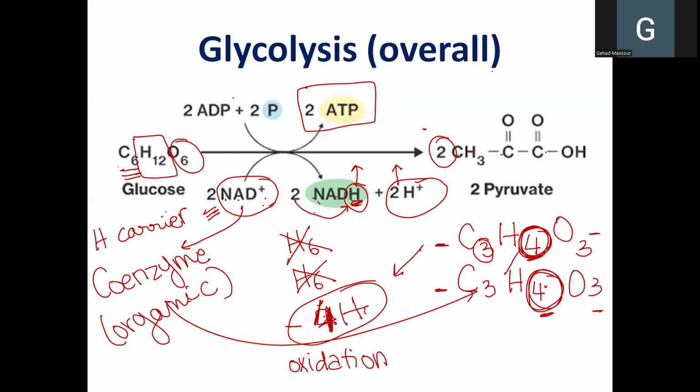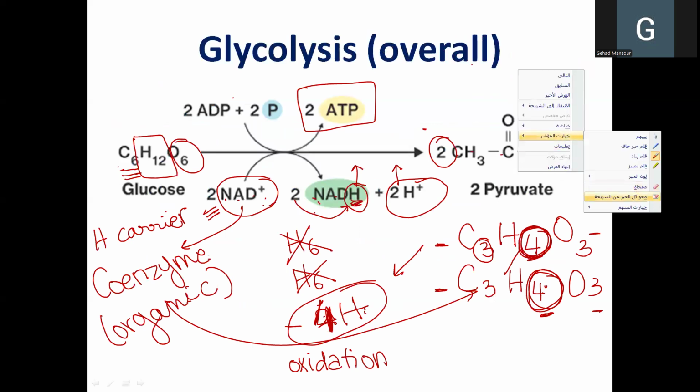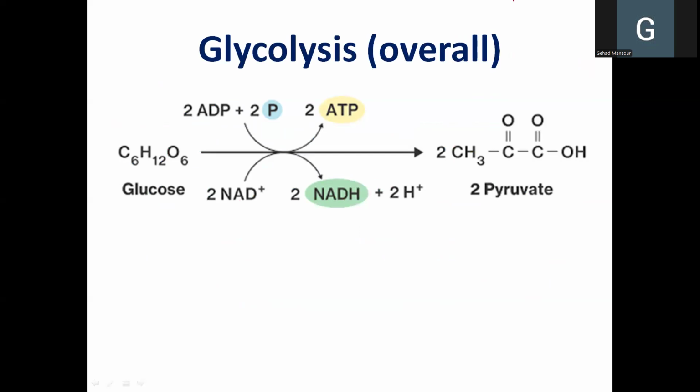Why? Because what we have on this slide is the overall result of glycolysis, meaning that the 2 ATPs are the final output of energy that is released.